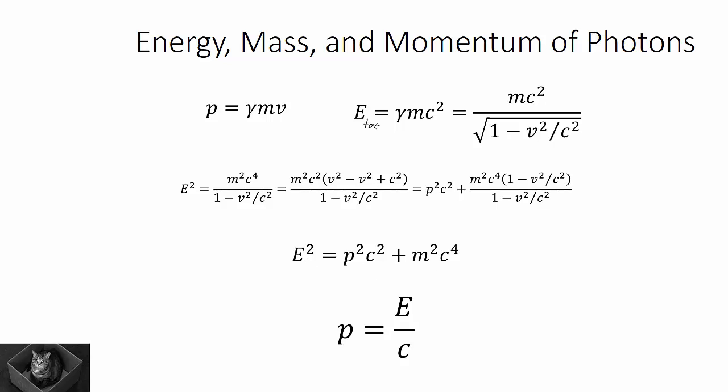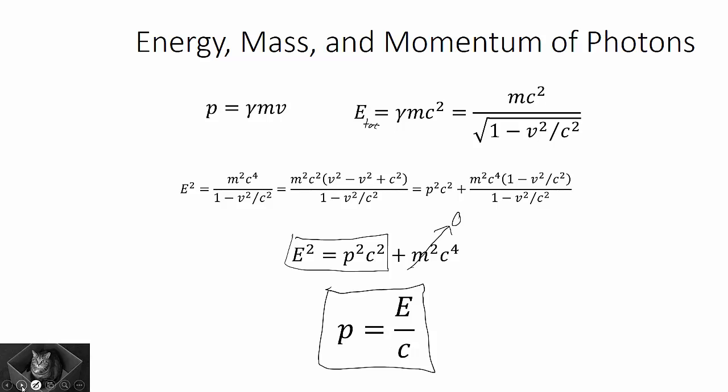E squared equals p squared c squared plus m squared c to the 4th, and because the mass of a photon is indeed 0, the rest mass part goes away, and we just have E squared equals p squared c squared, so we can take the square root of everything, and we get E equals pc. If we rearrange that to solve for the momentum, we find that even though they don't have mass, photons do have momentum that is equal to the energy of the photon divided by the speed of light.